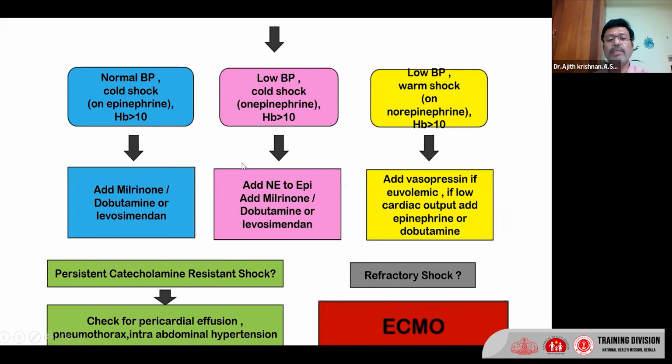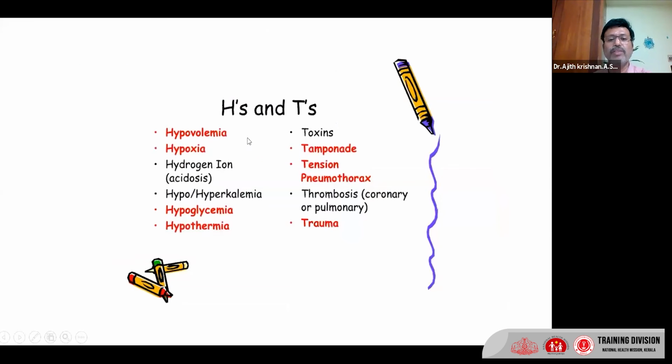If all the measures fail, what is more important is you have to treat the cause of the shock. So all these things like hypovolemia, hypoxia, acidosis, we'll look for the VBG, the electrolytes, the RBS. If anything is there, you have to correct all these things.